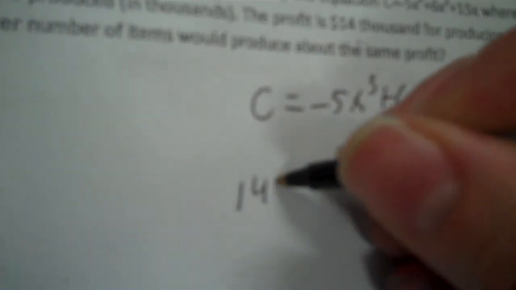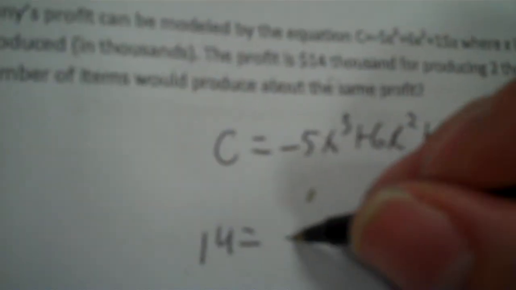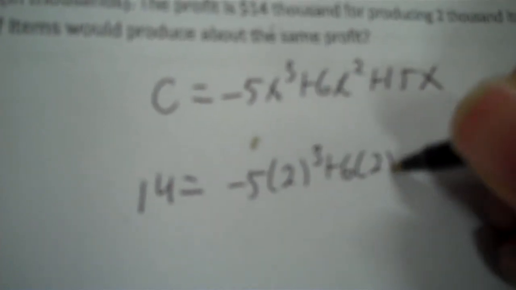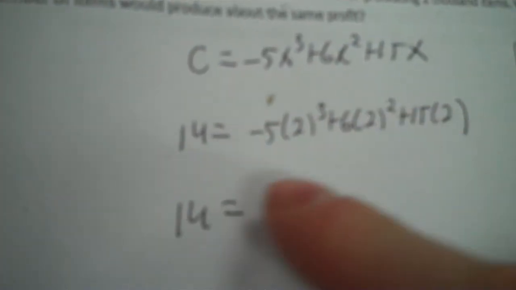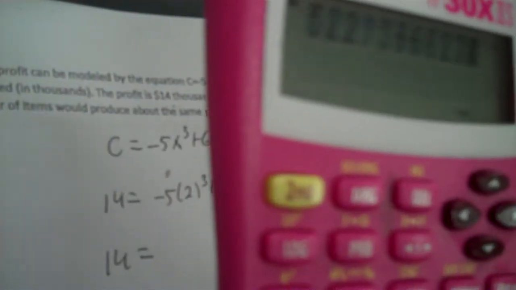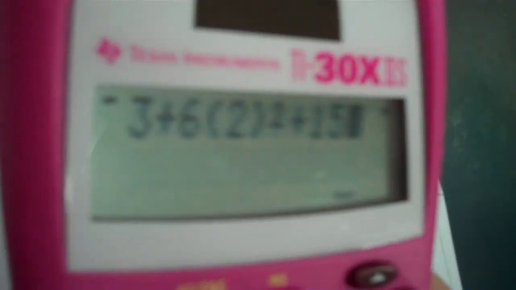So 14 goes in for C, 2 goes in for X. Now plug that into your calculator and verify that you get 14. I did. I got 14.